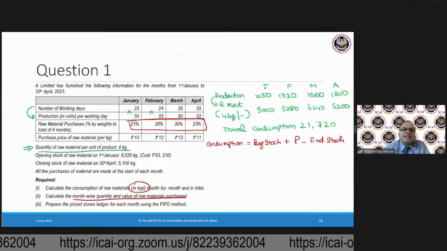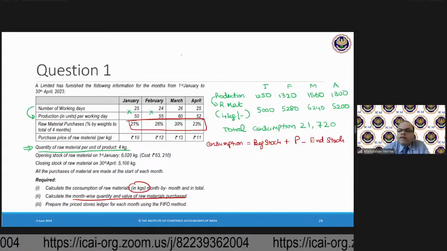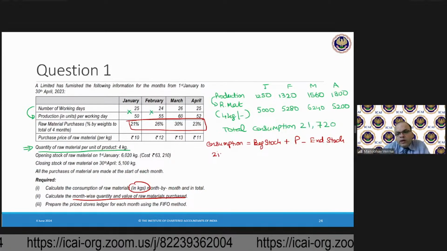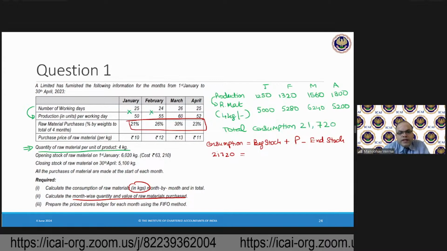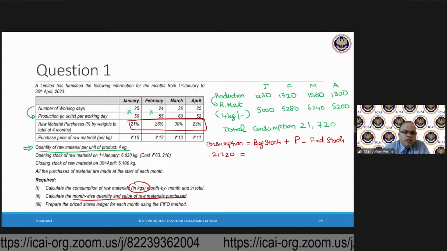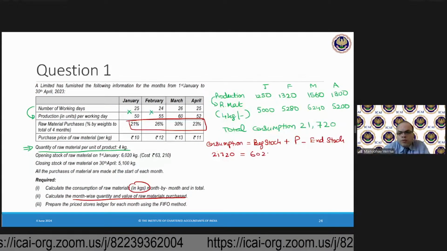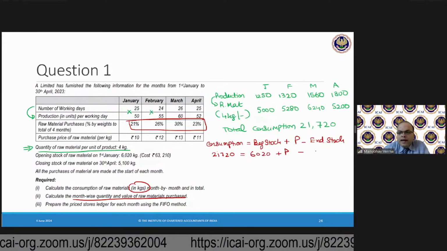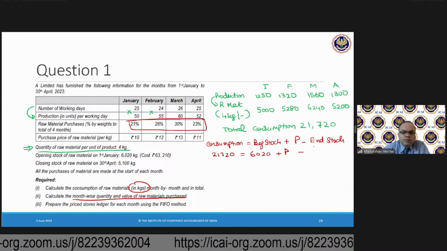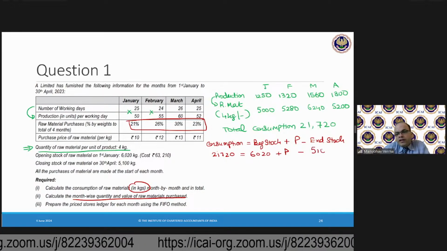Accordingly, can we calculate purchases, guys, here? Whatever we have done so far, we are saying that 21,720 is my consumption, which we did. Beginning stock is given to us as 6020. Purchases we need to calculate. And ending stock is given to us as 5100.